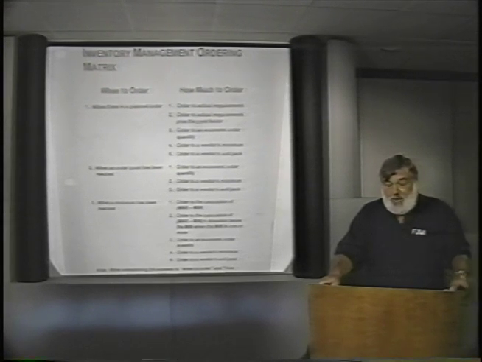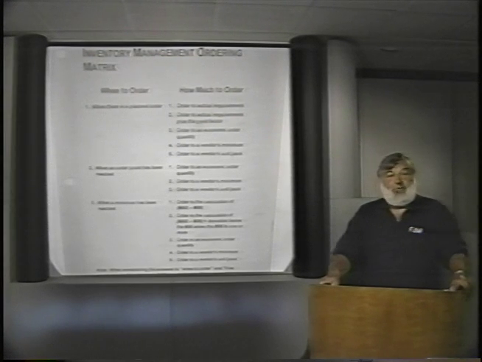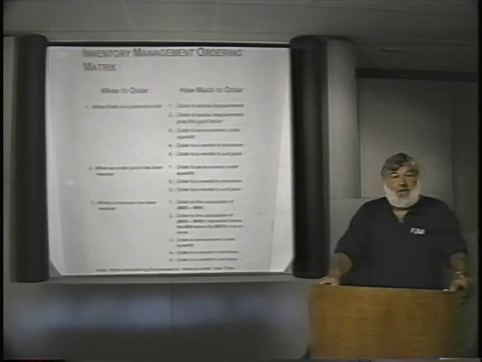Simple. When we are under an order point system, we would have our ordering matrix to be numbered 21, 22, or 23. And when we are in a min-max environment, we have an ordering matrix of 31, 32, 33, 34, and 35.